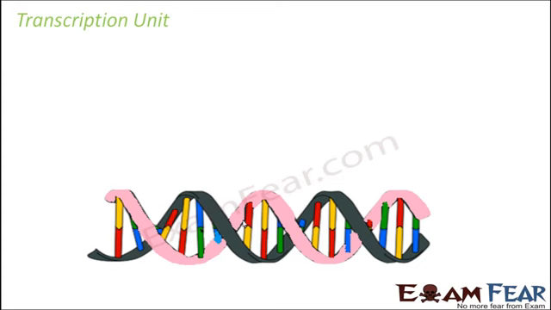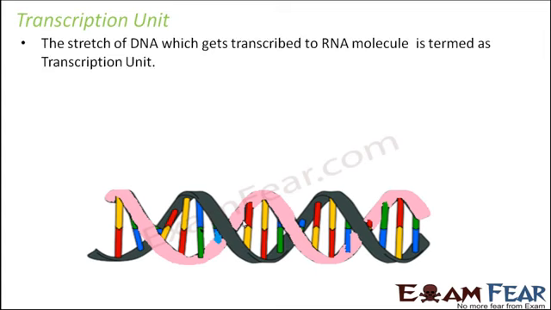That part of DNA is known as the transcription unit. The stretch of DNA which gets transcribed to an RNA molecule is termed the transcription unit. The process of transcription takes place only within this portion of the DNA.